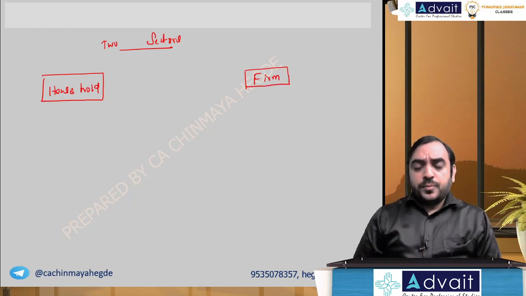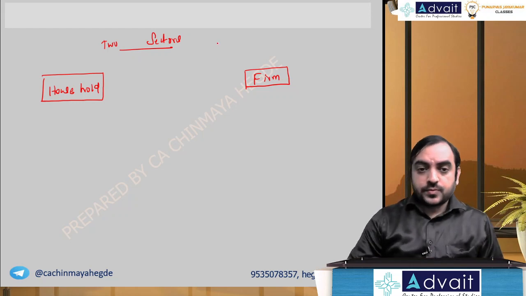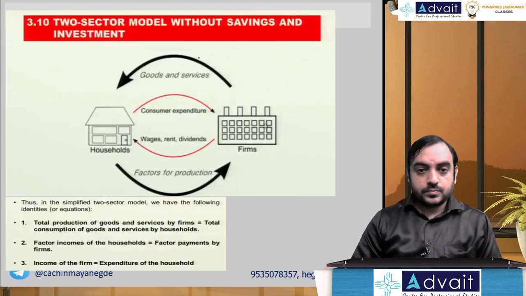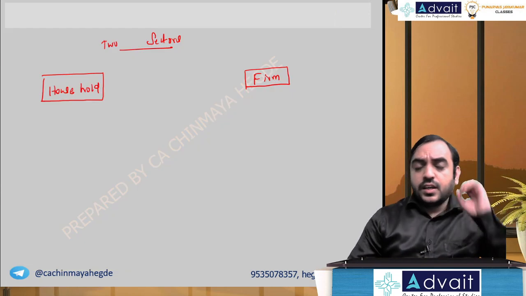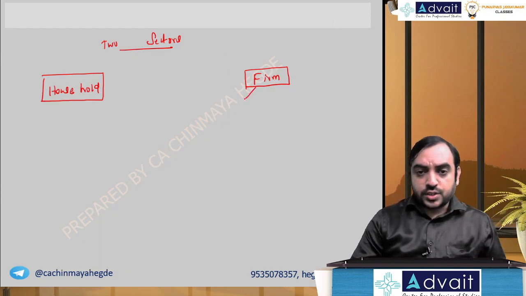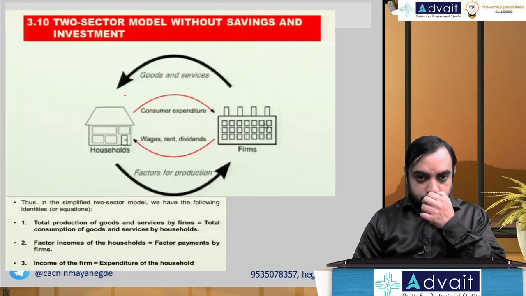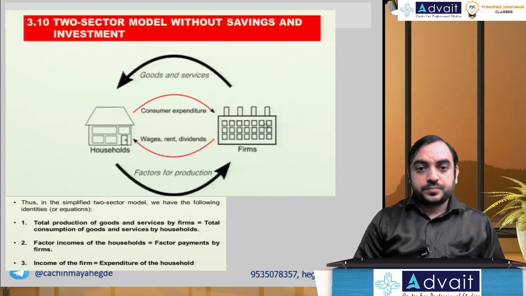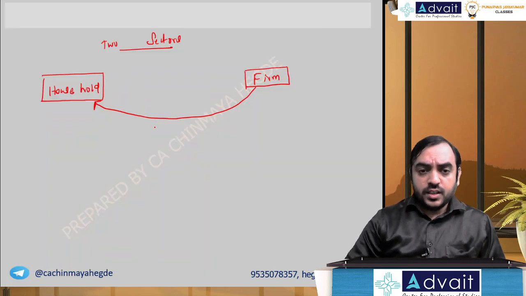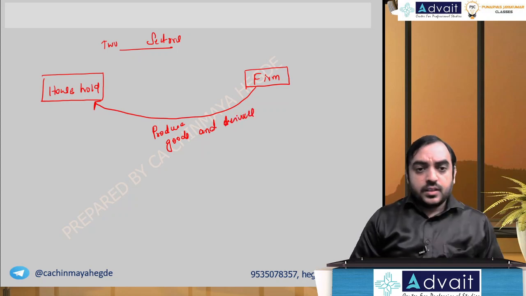Now, firm will produce goods, which we call goods and services, let's say production. So they will produce goods and services for which the household is going to make a payment, right?